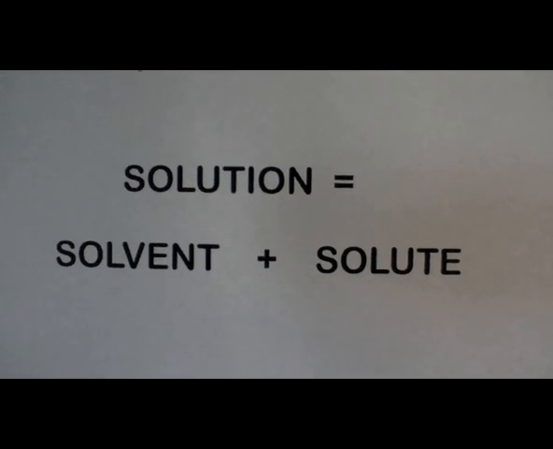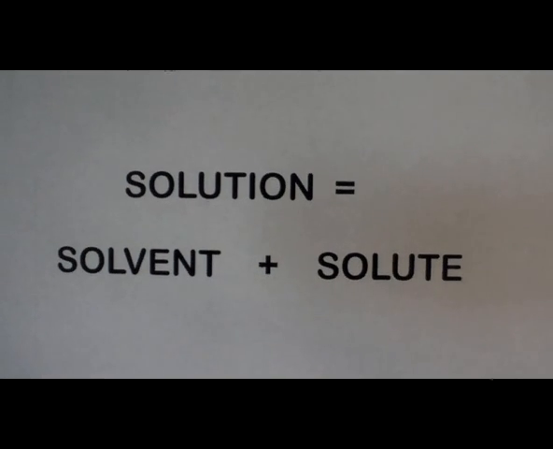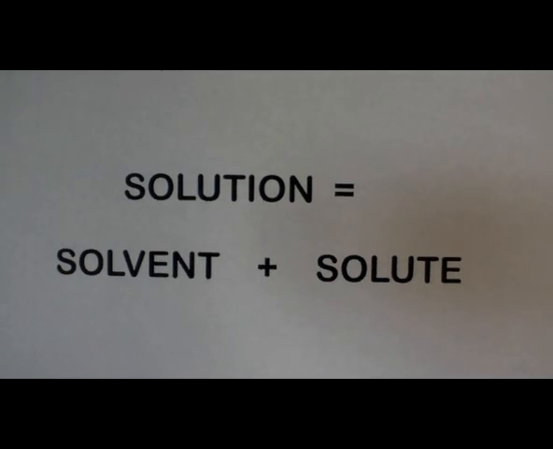The solute is any substance that can dissolve in water, for instance, sugar or salt or various ions can dissolve in water. When you add a solvent and a solute together, you get a solution. A solution is a solvent with the solute in it. So a solution contains solutes dissolved in the water.